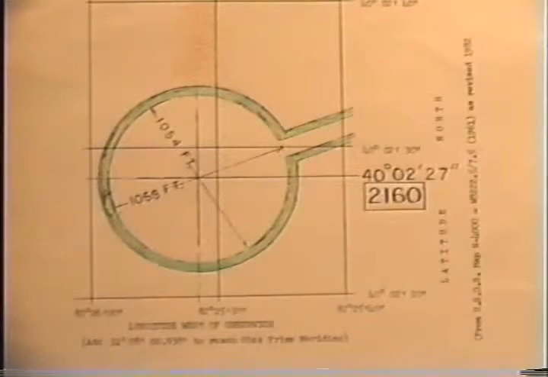Here at the 1,056-foot wide observatory circle, we find 21,600 again, albeit reduced by a factor of 10: 2160, which encoded its latitude of 40 degrees, 2 minutes, 27 seconds north of the equator.